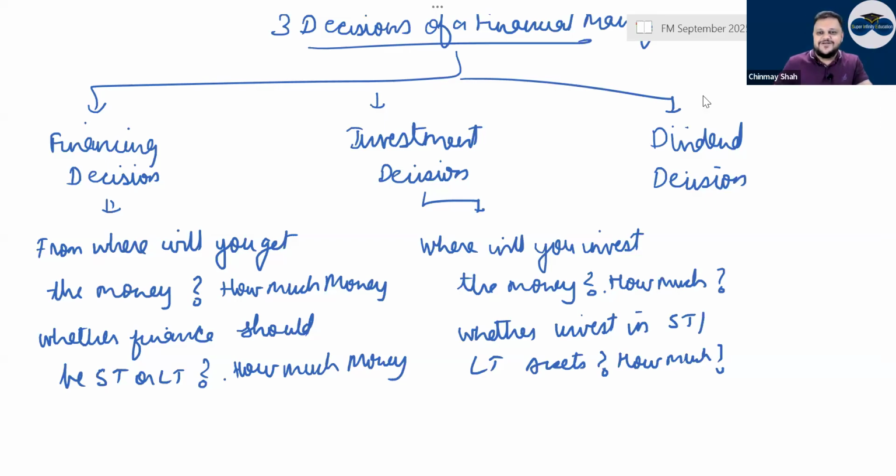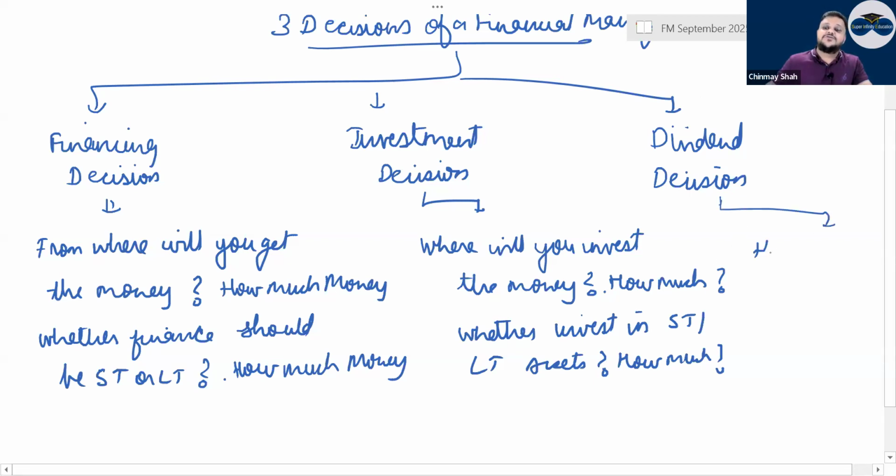People paid me a lot of money when they came to my place, 100, 200, when I was very young, right? All that money is a loss, correct? Dividend decision, right? How much dividend to pay?